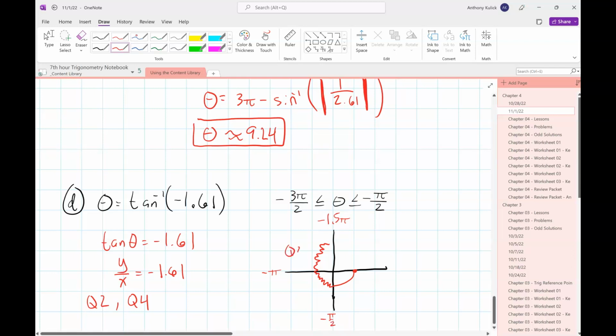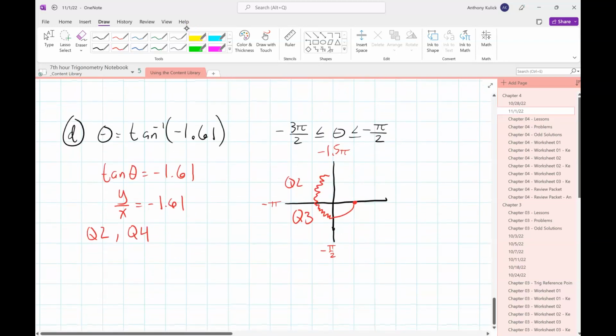So this was quadrants 2 and 3. Where is our answer gotta be? Wait, isn't it more than negative 1.5? We go past it. Right, we're between negative 1.5 and negative a half. Sometimes negative 1.61.